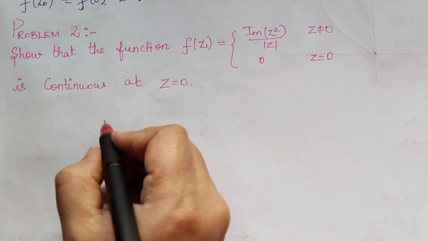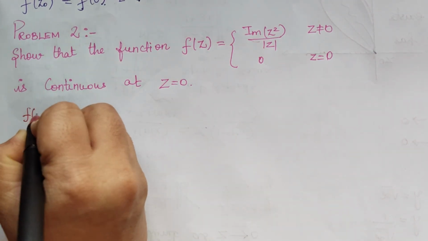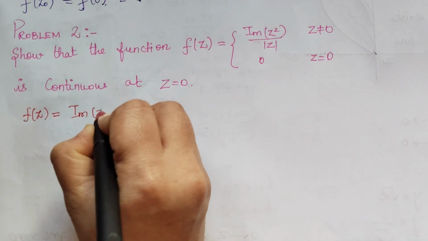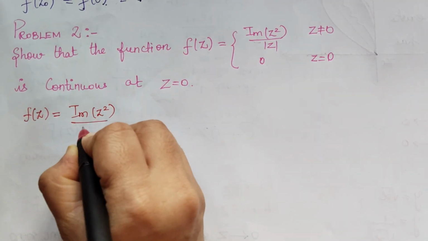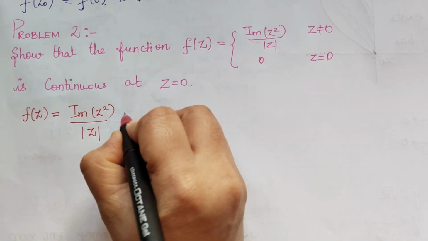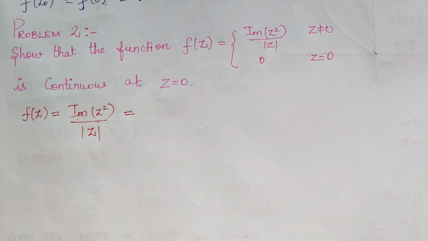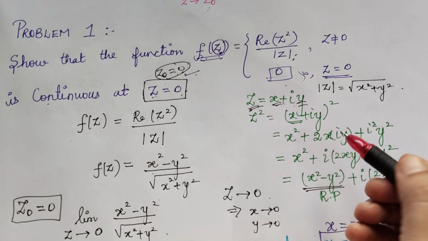Now we shall first write the function. What is the function? f of z equal to the imaginary part of z square divided by modulus of z. What is the imaginary part of z square? In our previous problem we have seen what z square is.